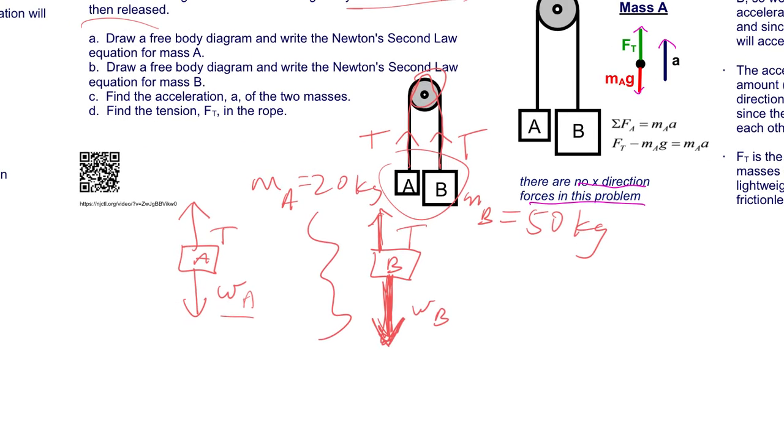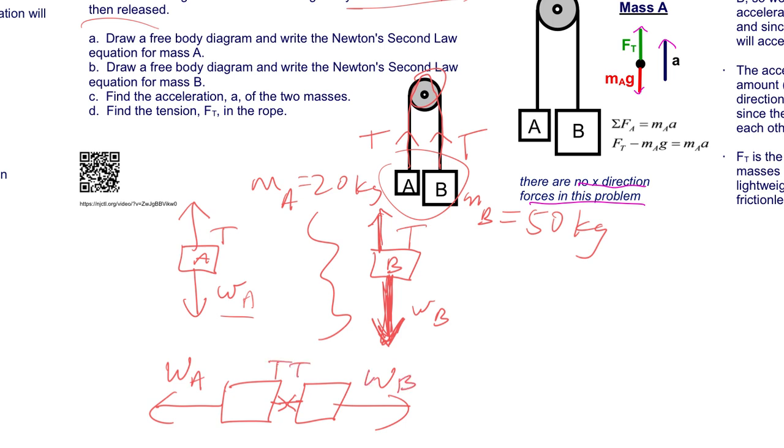Find the acceleration of the two masses. Okay, what I do is I look at it as one thing. There's the two T's. I pull these two blocks and straighten it out to make it look like the problems we just did. So here's WA, here's WB, and then here's my two T's, which cancel out.